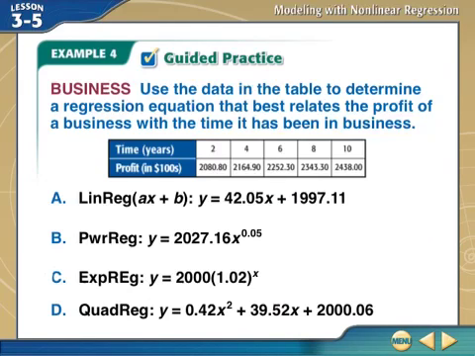You have 4 options as your different types of regression, A, B, C, and D. I would like you to pick the type of regression that best fits this data. So I'd like you to enter this data into your list, look at your scatter plot, and then determine whether you should use a linear regression, a power regression, an exponential regression, or a quadratic regression to model this set of data.